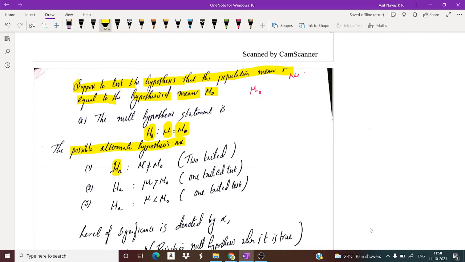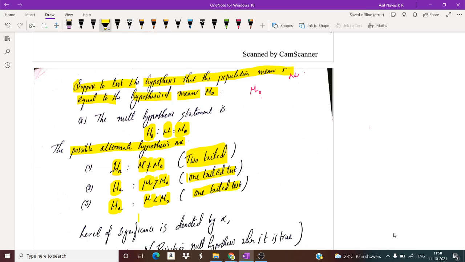One is HA: mu not equal to mu naught. This is two-tailed; I will discuss what a two-tailed test is. Another is HA: mu greater than mu naught, a one-tailed test. And HA: mu less than mu naught is also one-tailed. So there are three possible alternate hypotheses.